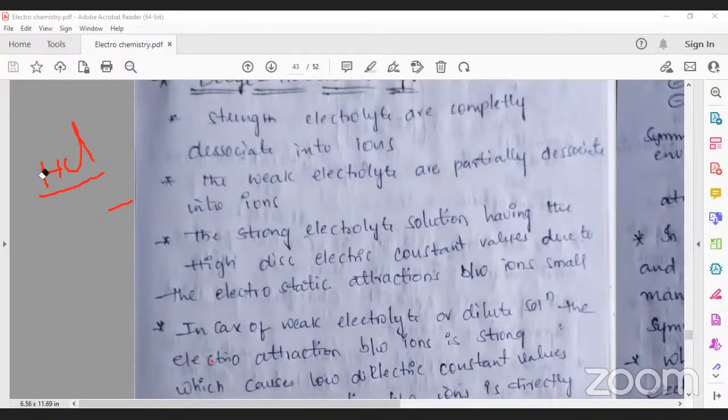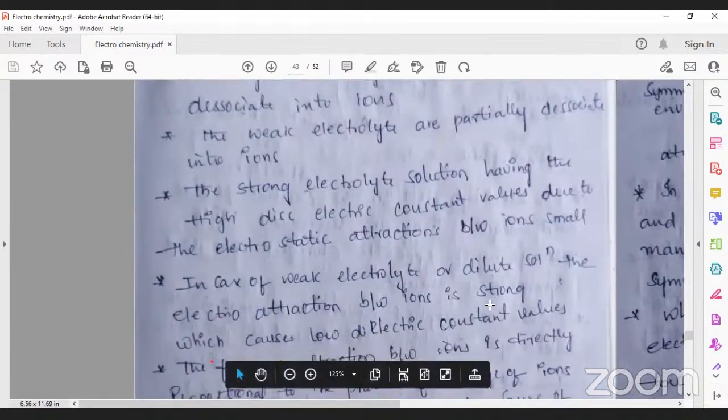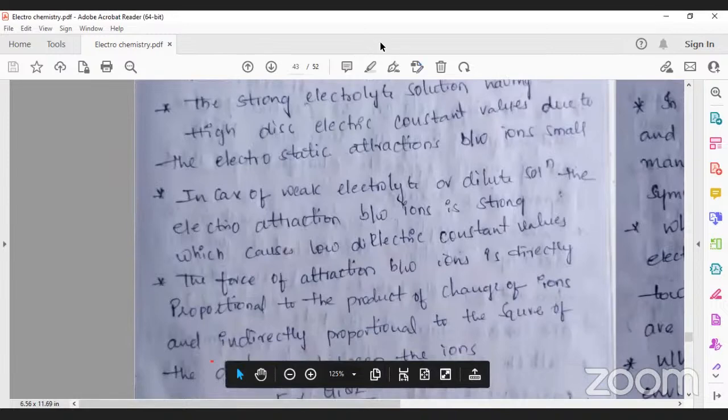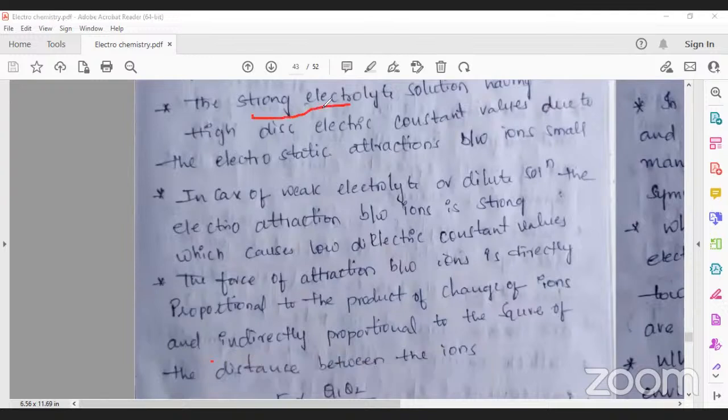So carefully remember these things, or you may read them out carefully. What does that mean? The first two points are very simple. The second, third and fourth points I am explaining again. Strong electrolytic solutions contain high dielectric constant values, due to the low electrostatic attractions between the ions.